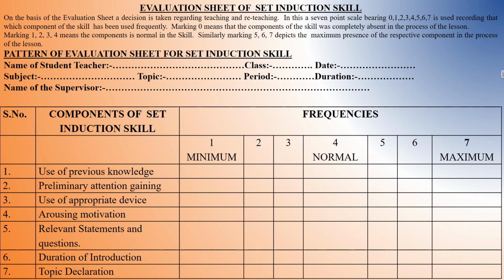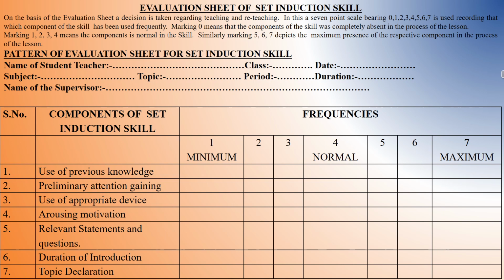The pattern of the evaluation sheet of set induction skill is to be written. In this, the name of the student teacher, class, date, subject, topic, period, duration, and name of the supervisor have to be written. In the left hand corner, the components of the set induction skill will be written, and on the opposite side the frequencies will be written: minimum, normal, and maximum frequencies.